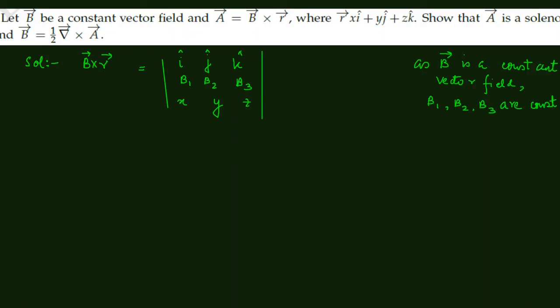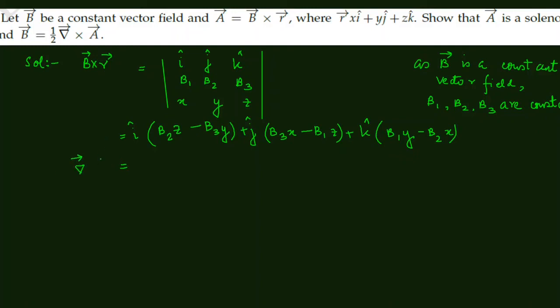If the B vector is a constant, then its components will also be constants. That means derivatives of B1, B2, B3 with respect to x, y, z will be 0. So now if you calculate the cross product, we get these terms. Now we will calculate the divergence of A, because the first part of the problem is to show the A vector is solenoidal.